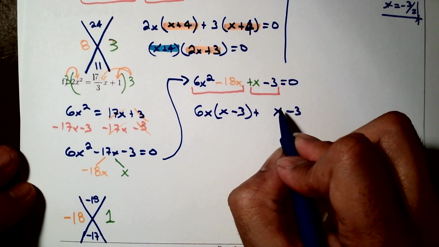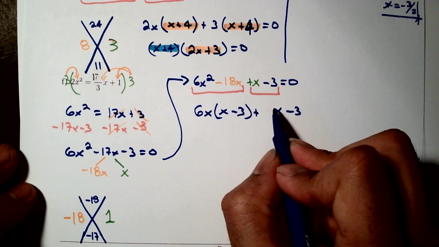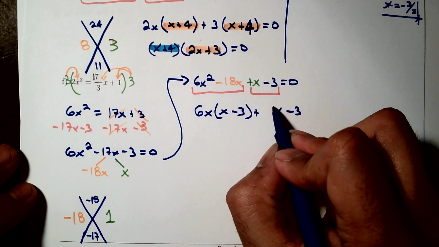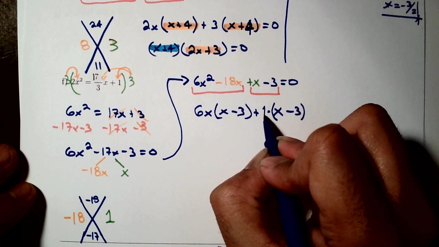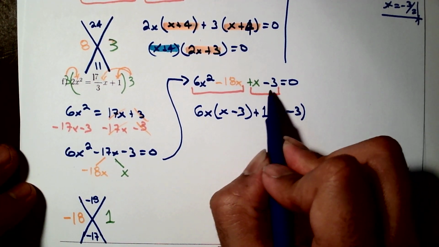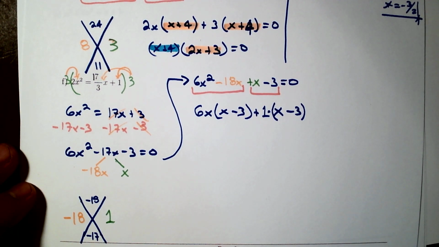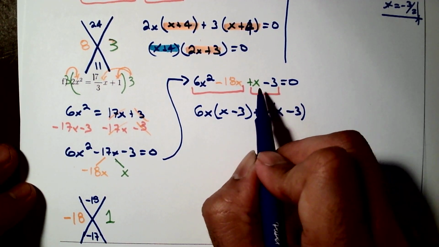However, in a case like this, which may be a little bit tricky, in order for this not to throw you off, I'm going to put parentheses and I'm going to multiply by an imaginary one. Ultimately, 1 times whatever quantity is whatever quantity it is. So in this case, 1 times x minus 3 equals x minus 3.